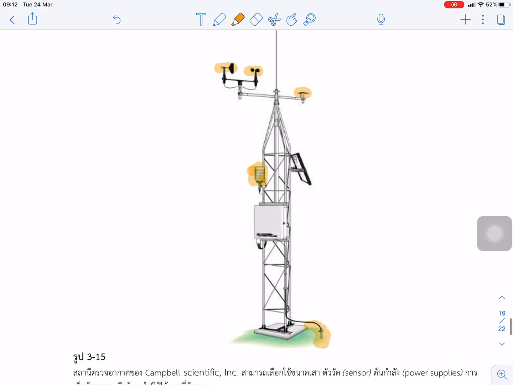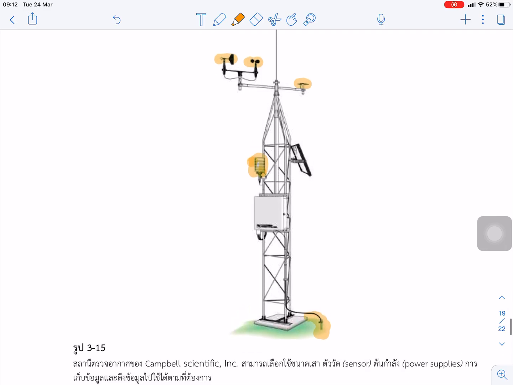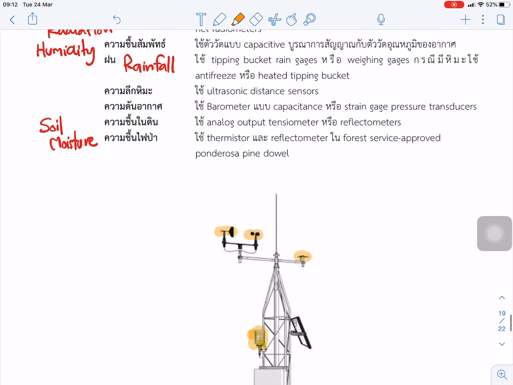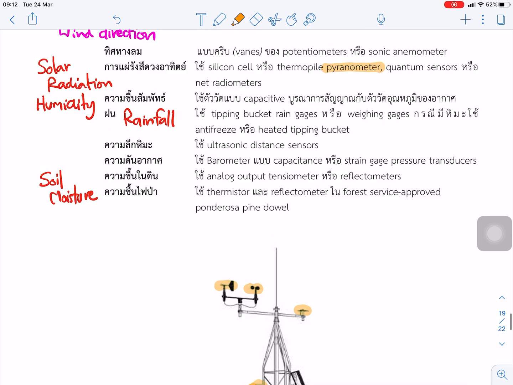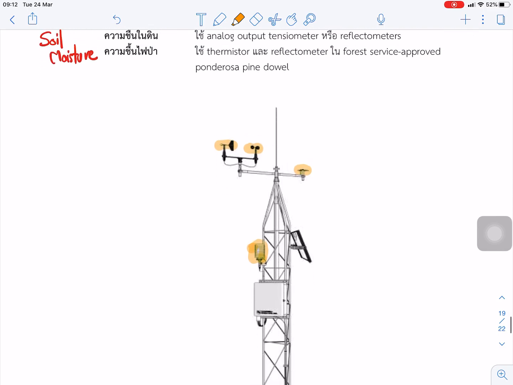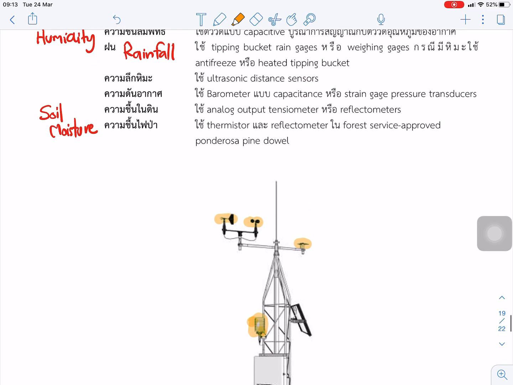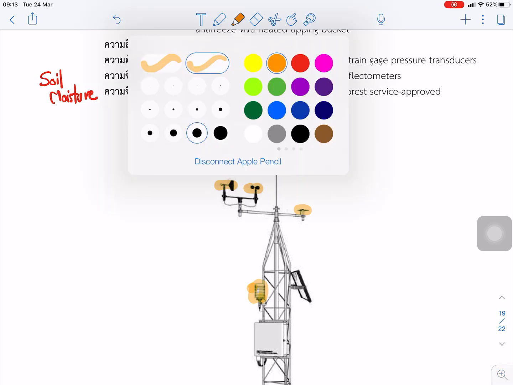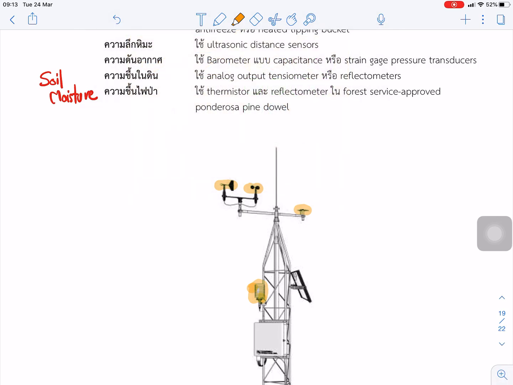We can measure the soil moisture. And for the pressure, we can use this. We can use this instrument to measure the pressure as well.